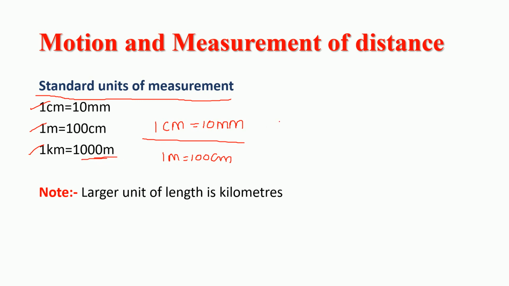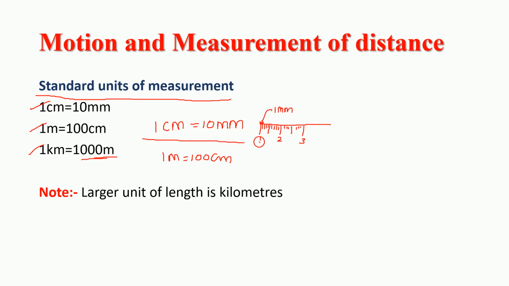Let us take one example, like we have a ruler or a scale. In this we have 5 lines, and after that one big line after 5 lines. So here 1, 2 and some dots, 3. From this point to this point we will call 1 millimeter.